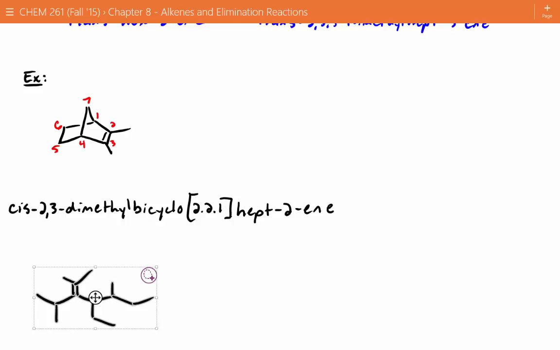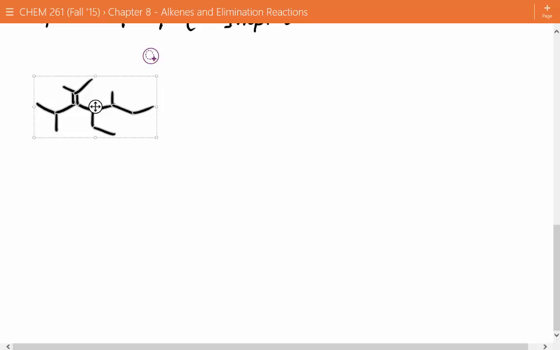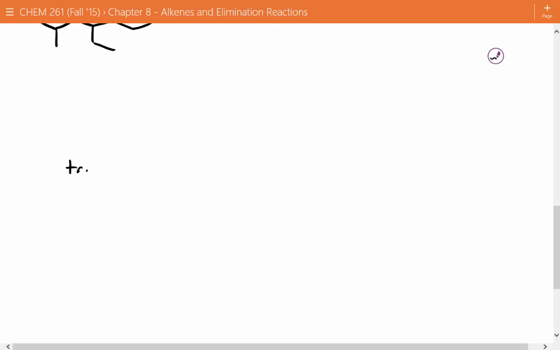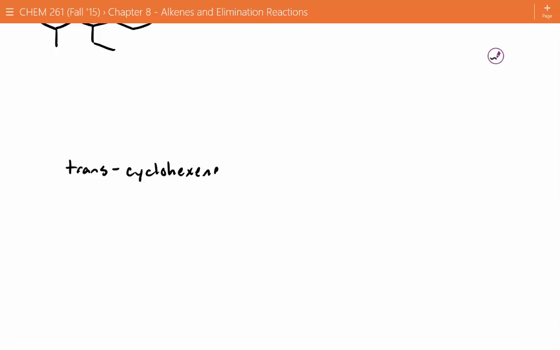Yeah. If, for example, I'm just going to scroll down. For the sake of argument, let's imagine trying to draw a trans cyclohexene. Can you guys draw that very easily? Well, let's try. Let's see, I've got 1, 2, 3, 4, 5, 6.